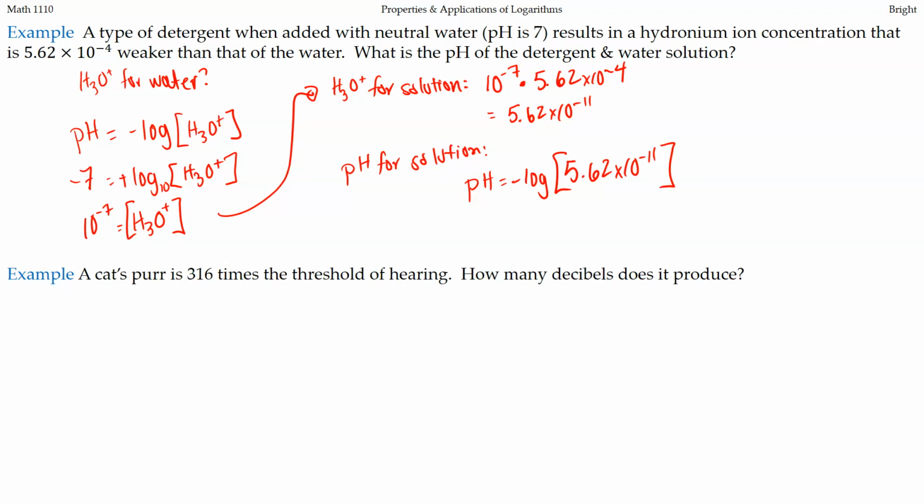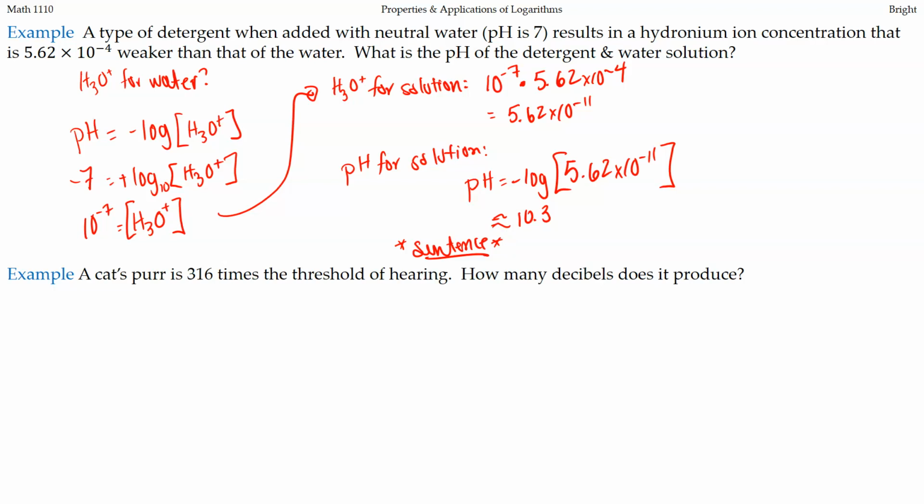When I do it, I get that the pH is approximately 10.3-ish. So this would be basic, which I think makes sense based on the detergent, as detergents are generally more basic than acidic. This makes sense in the context, and I would just do a sentence to conclude this. I'm not going to take the time in the video to do that, but remember, contextual examples require sentence conclusions.